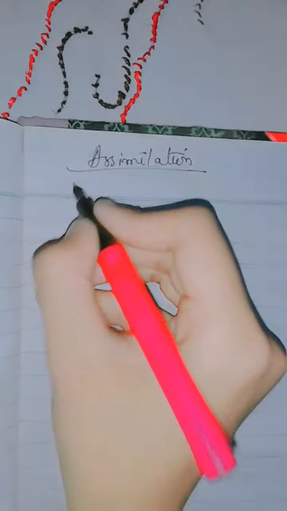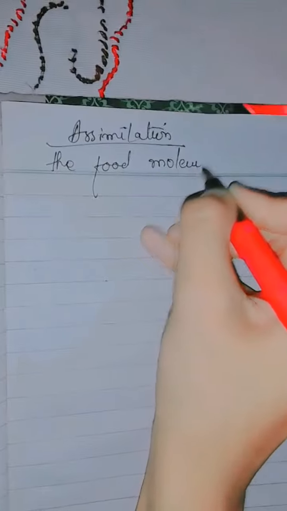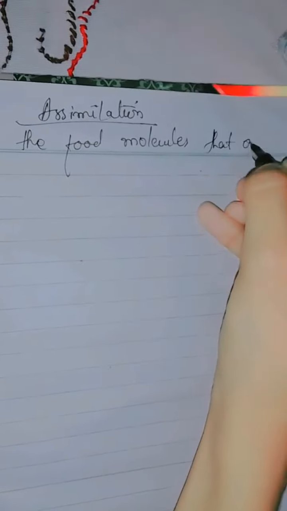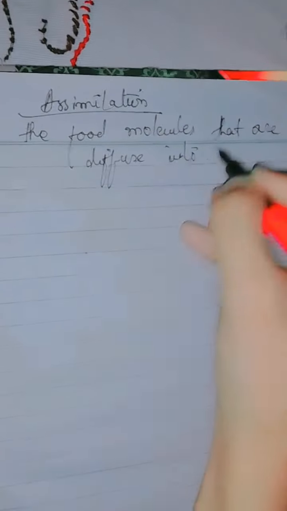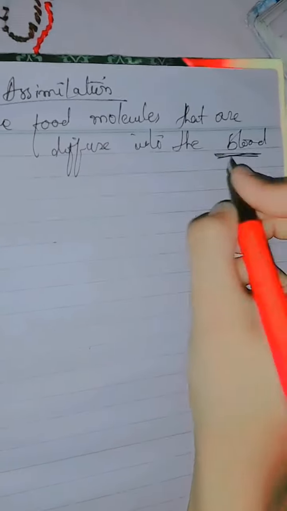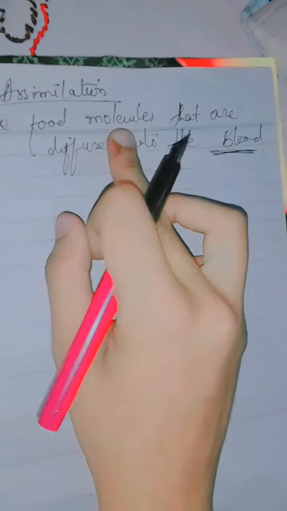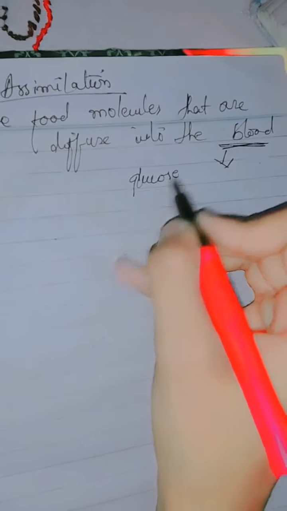In assimilation, the food molecules that are diffused into the blood, now the blood will utilize these food molecules all over the body, like for energy. For example, if we talk about glucose, it is diffused into the blood.